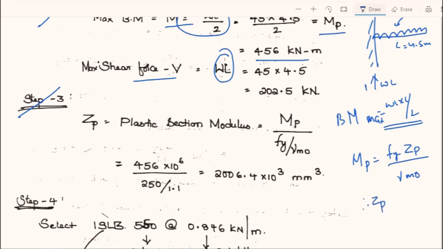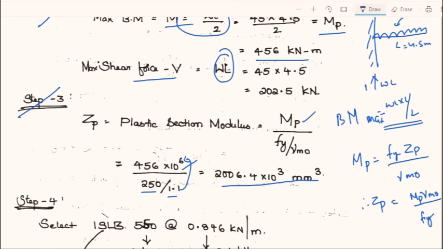Therefore, Zp is equals to MP gamma m naught by Fy. So substitute those values: MP, which is 456 into 10 to the power of 6, divided by 250, divided by 1.1. Of course, this goes to the top, and this is the value that you get. So based on this value, now you have to select a suitable section.